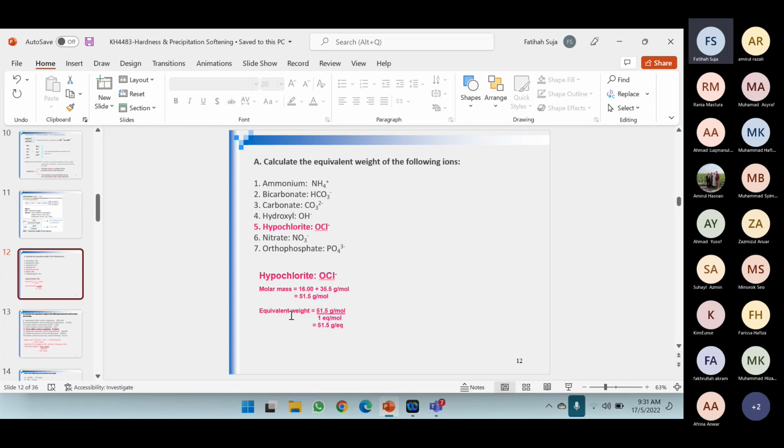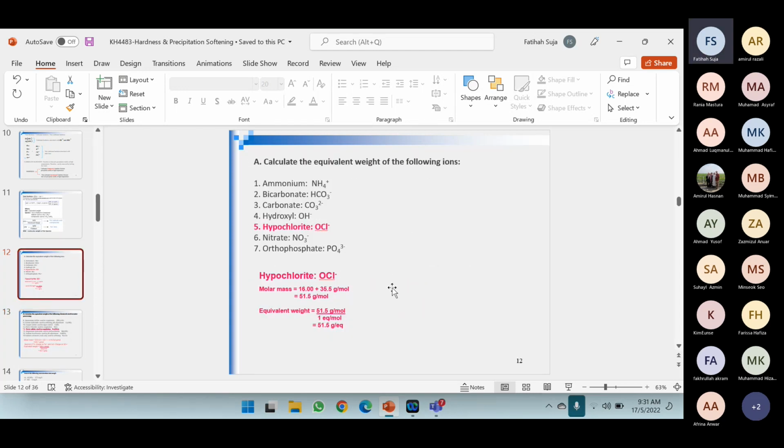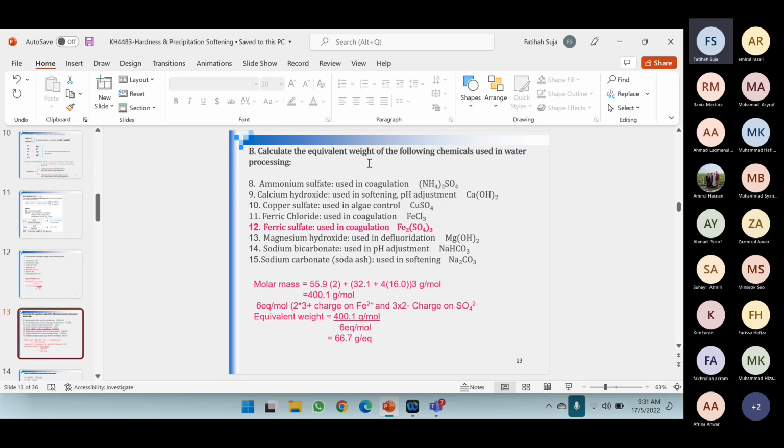So this is the equivalent weight of hypochlorite ion. Okay. Easy, right? You just look at this example and you can try with other ions. Okay. So calculate the equivalent weight of the following chemicals used in water processing.